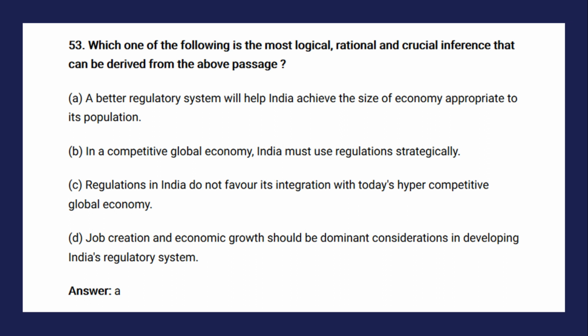B: in a competitive global economy, India must use regulations strategically. Option C: regulations in India do not favor its integration with today's hyper competitive global economy. Option D: job creation and economic growth should be dominant considerations in developing India's regulatory system.